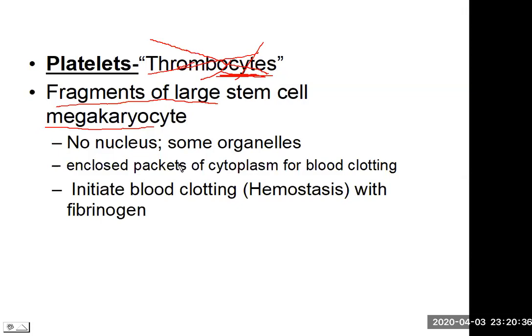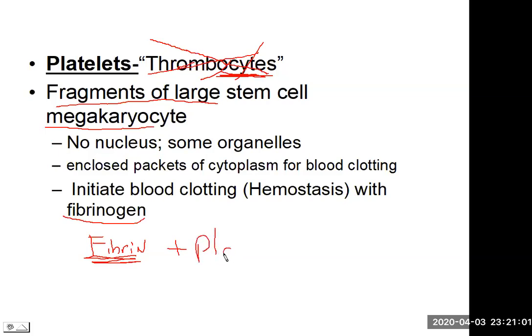And as we touched on earlier, it's both the activated state of fibrinogen when it's converted to fibrin. So fibrin, of course, coming from our plasma. And now we have the platelets as a part of our formed elements.